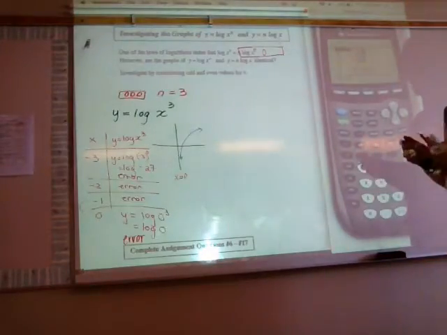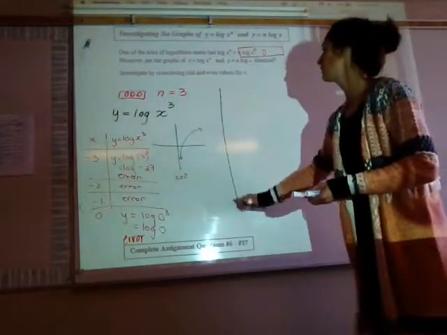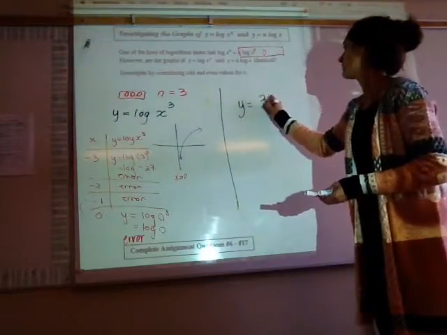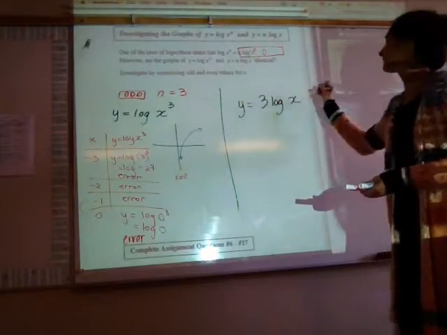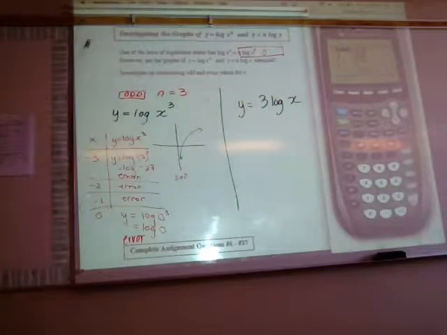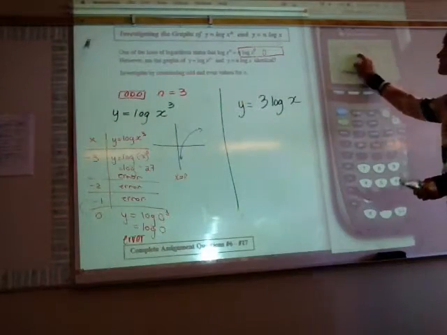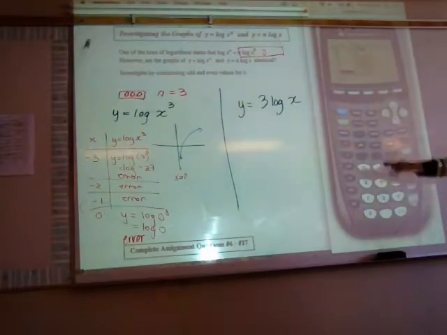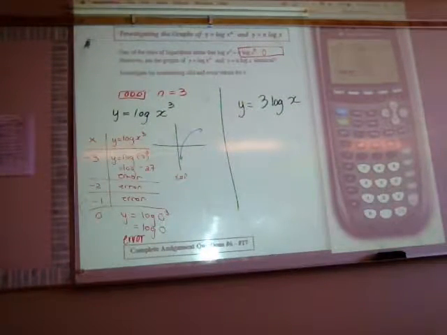Now let's compare that graph to y equals 3 times log x. So take note of some of these values in the table here. At 1 we have 0, at 2 we have 0.9. Let's see what happens when we put in the second graph, which will be 3 log x.